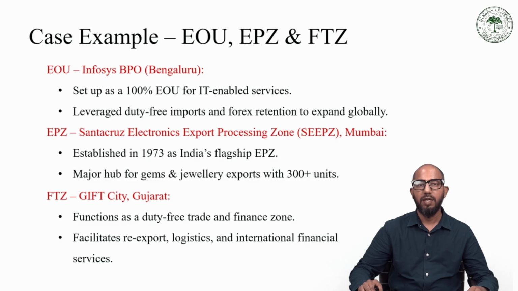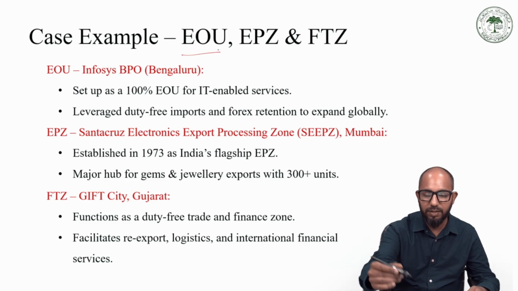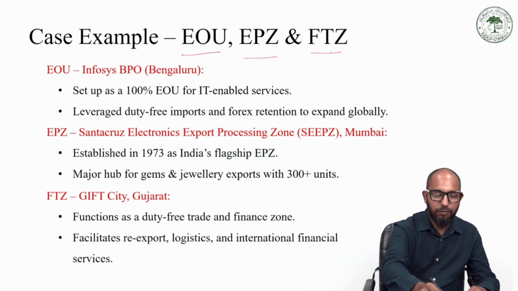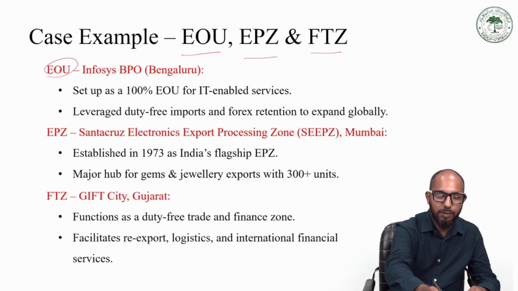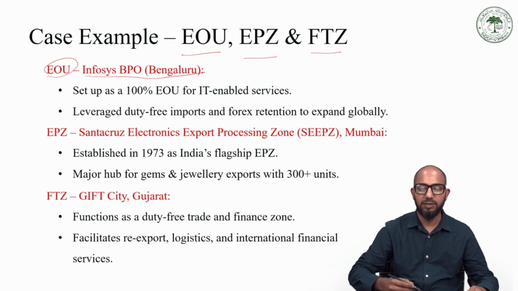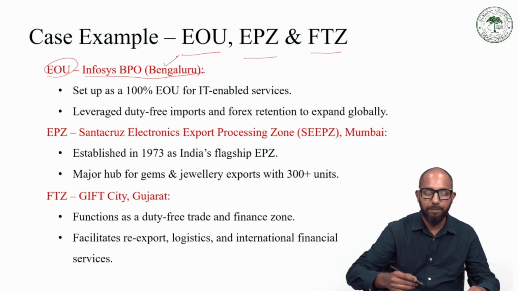Dear students, let us take a case study to understand EOU, its relevance, EPZ, its relevance, and free trade zones' relevance. The first example comes under export oriented unit, and the example is of Infosys BPO, that is Business Process Outsourcing, which is established in Bangalore.